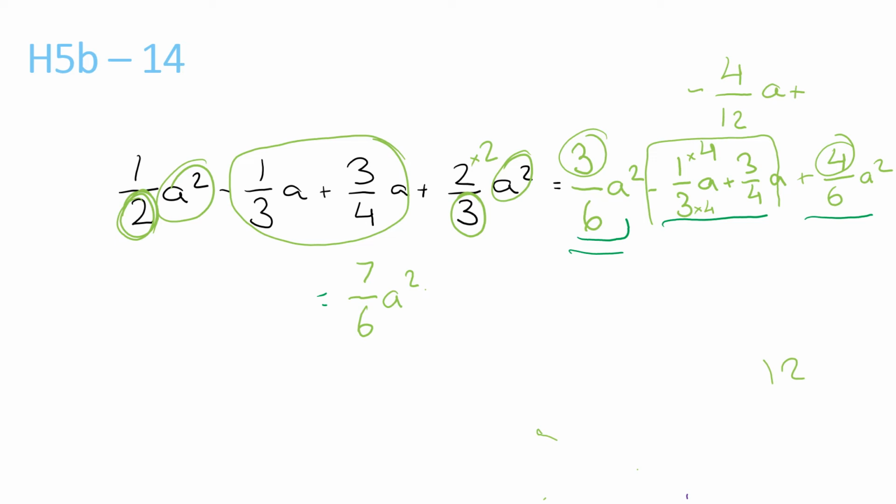And do the same with the other side, except it's times 3, because 4 times 3 is 12. And you have to do 3 times 3, which is 9 over 4 times 3, which is 12, with the a, which is just minus 4 plus 9, which is technically just 5, so 5 over 12a.